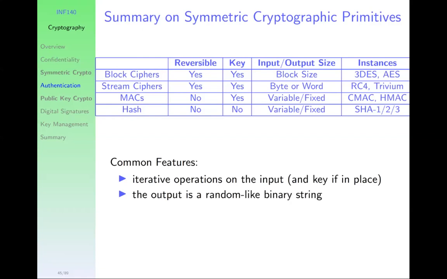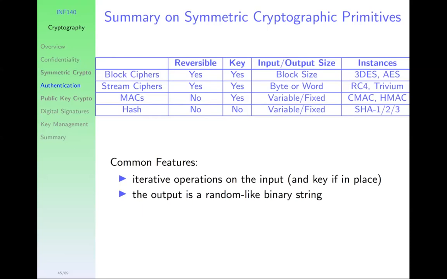Because we mentioned that all the algorithms themselves are supposed to be known to everyone. And for MAC, another difference from block ciphers, or encryption algorithms, is the input size. It can be variable, and the output size is fixed. And this is the same for hash functions.